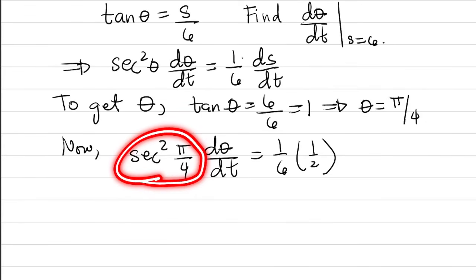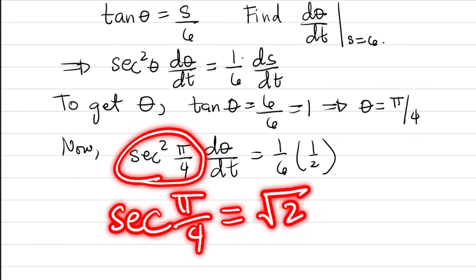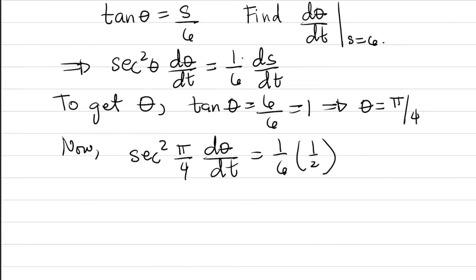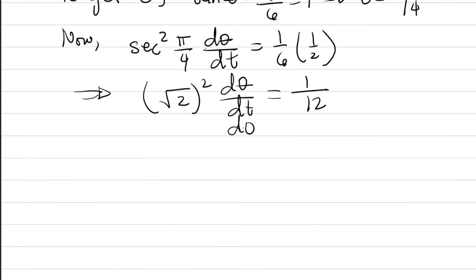Secant of pi over 4 is equal to square root of 2. Thus, we have square root of 2 squared times d theta over dt equals 1 over 12. Okay, therefore d theta over dt is equal to 1 over 24. The unit for this is radian per second.